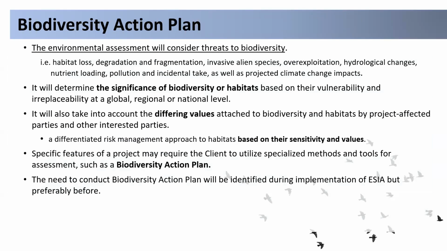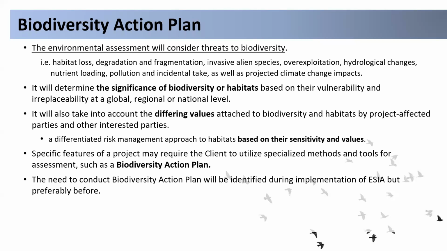So this is just a brief explanation of what a biodiversity action plan actually is. It will be an assessment that will consider threats to biodiversity. And sometimes we do a separate biodiversity action plan when we have higher issues or it needs to be done separately, and it cannot be done as part of the environmental impact assessment.